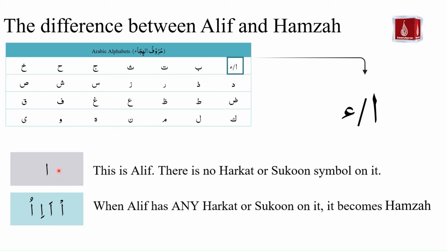There is no harakat on it, and there is no sukun on it. And in the bottom example, these are all examples of Hamza. Here we have pesh, here we have zair, here we have zabar, and here we have the presence of sukun. So if there's any harakat or sukun on alif, it becomes Hamza.